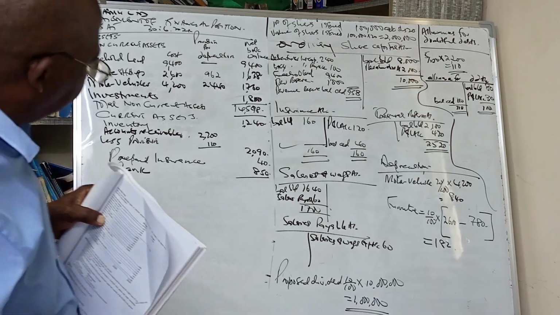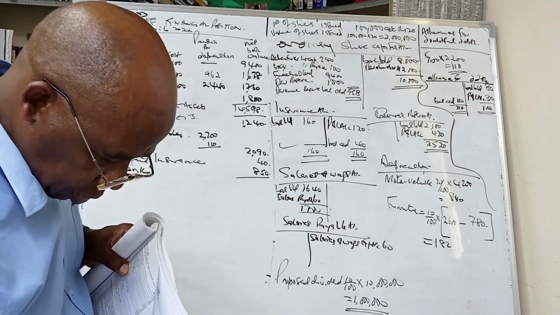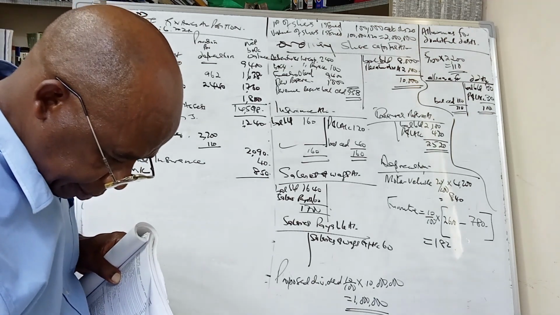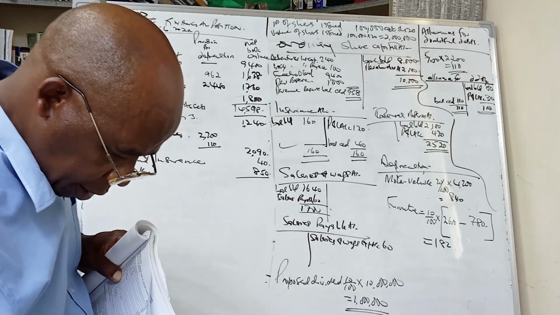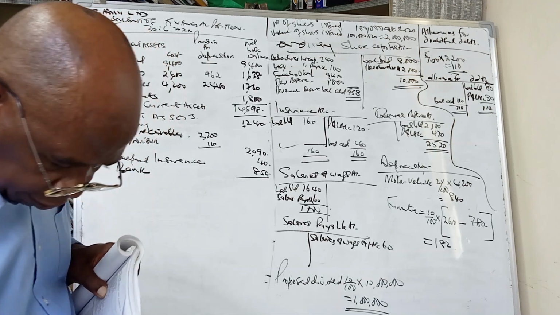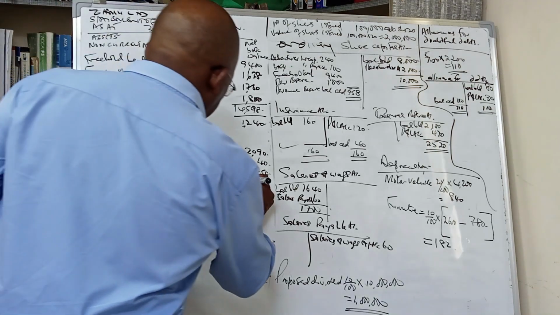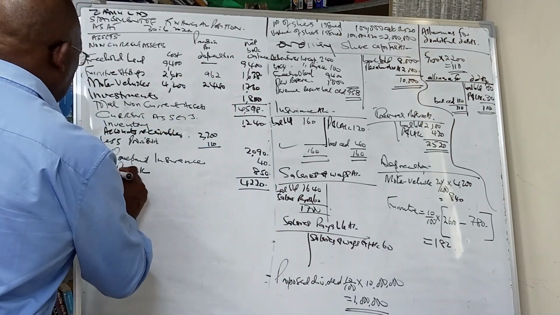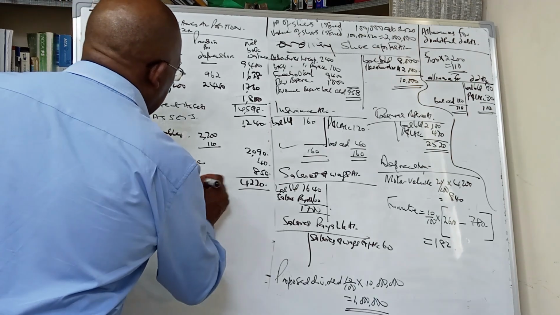So if we add inventory 1240 plus 2090 plus 40 plus 850, we get a figure of 4220 as the total current assets.